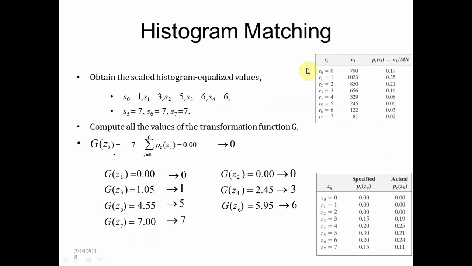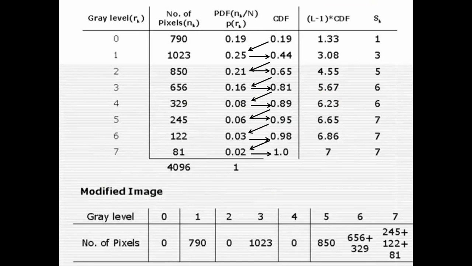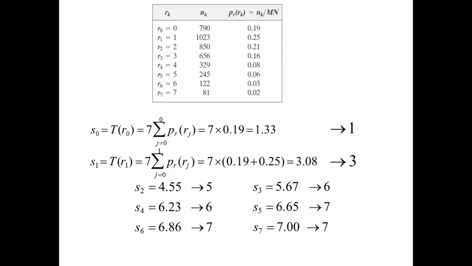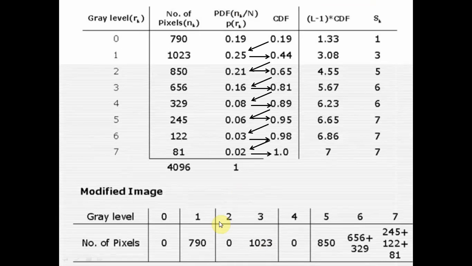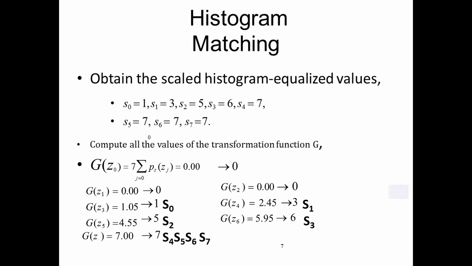What was the S1 value? That is S1, 790. 790 is nothing but 0.19, the CDF.